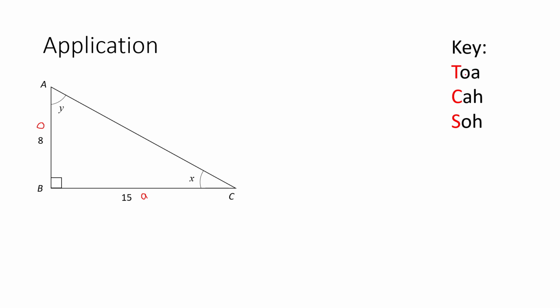Which one has O and A inside? T. T for tangent. So we write down tangent, the angle X is equal to, we'll follow the ratio of opposite over adjacent. Opposite side is 8, so we write 8 as the numerator. Then the denominator is 15.